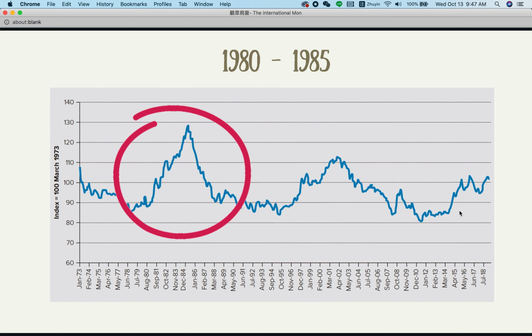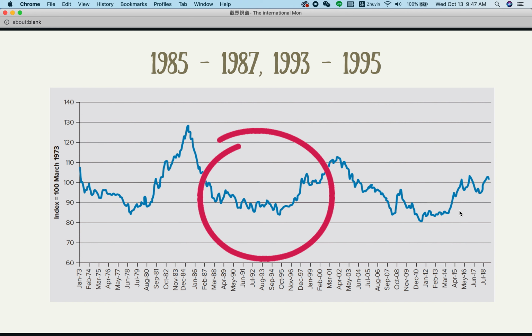The rapid fall of currency between 1985 and 1987, and 1993 and 1995. And there have been three currency crises in Asia, in global finance, and in Europe.